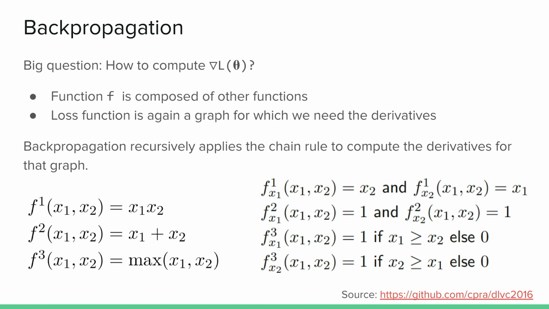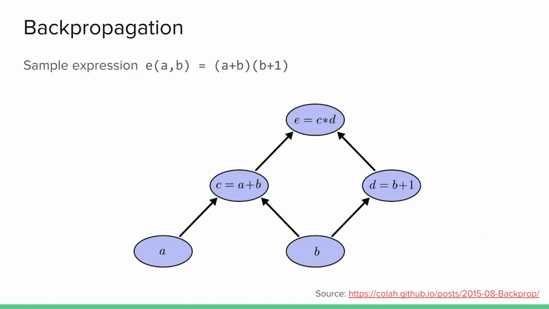For the addition, it's 1. And for maximum, we need this kind of if-else here to say whether it's 0 or 1. But you can see here, computing a partial derivative of this simple function is really easy. So all we have to do is decompose it, compute this, and then put it back together.